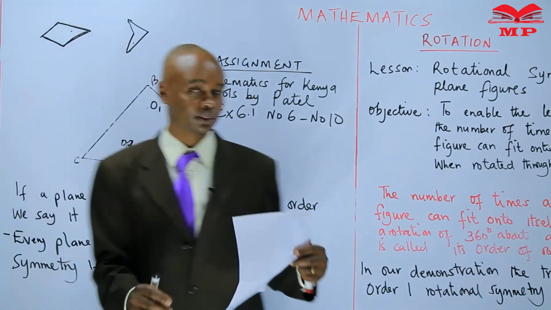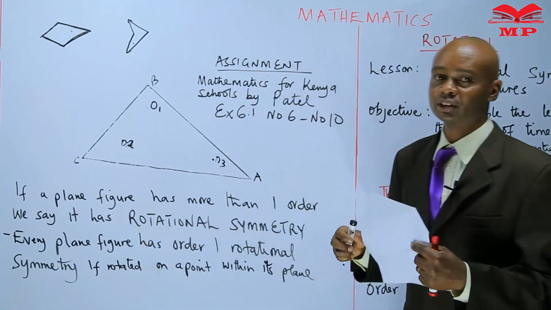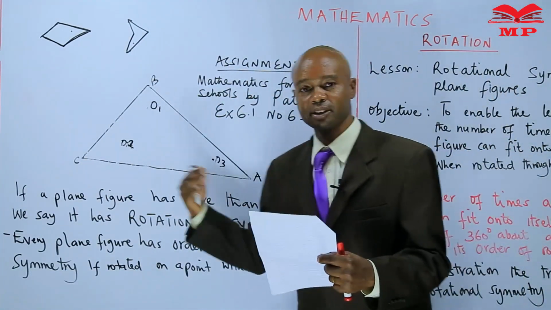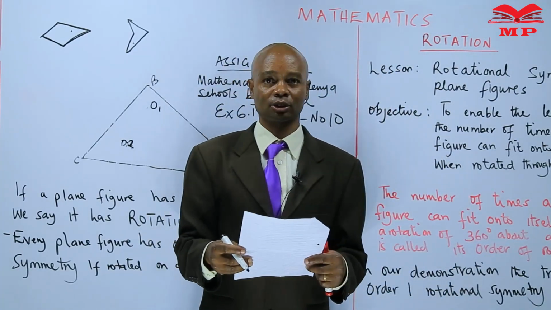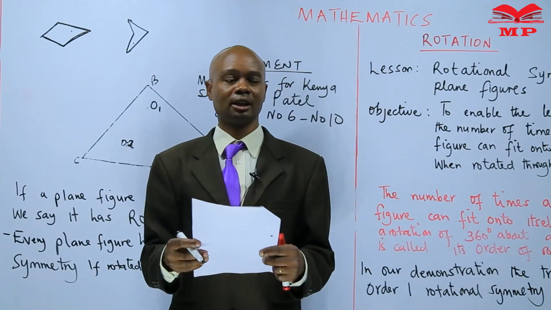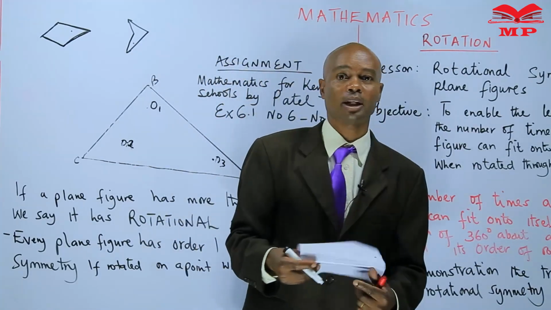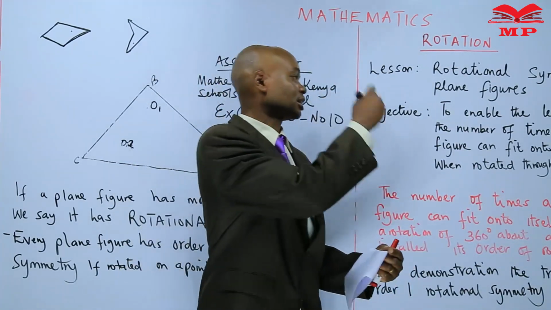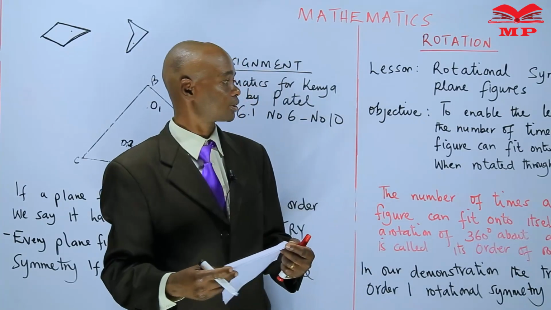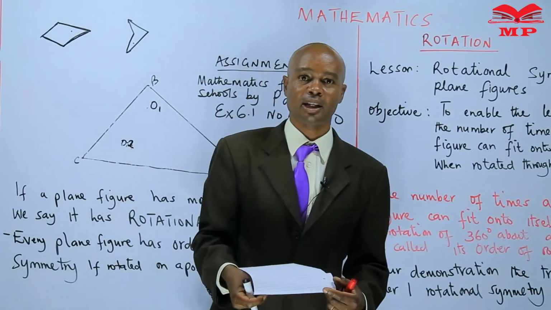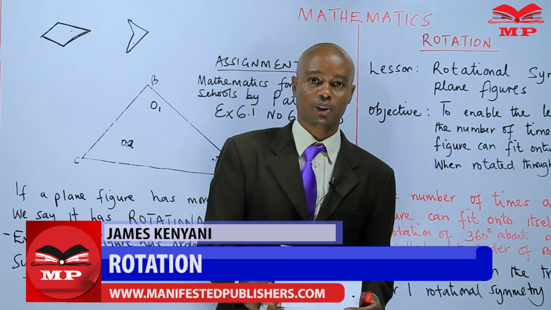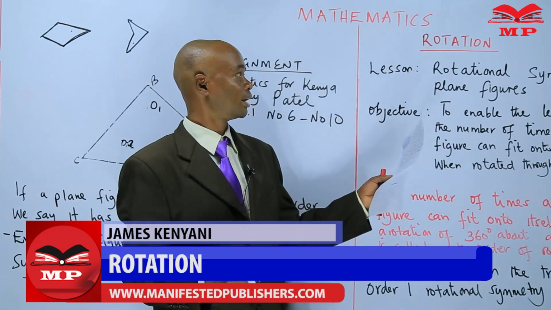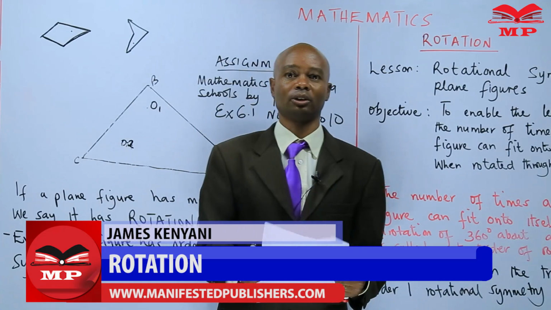So go through the assignment. I hope you'll enjoy it and get the concept meant by rotational symmetry and order. When we meet next time, we shall proceed with the topic on rotation.